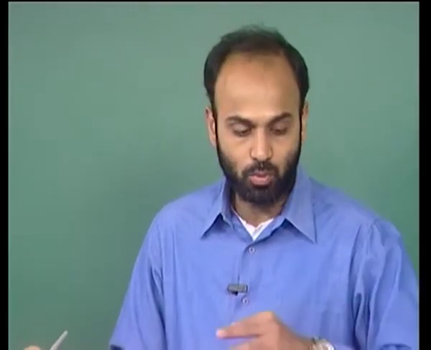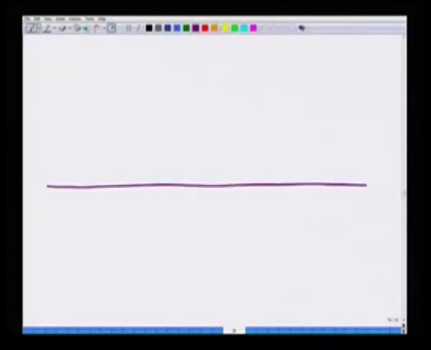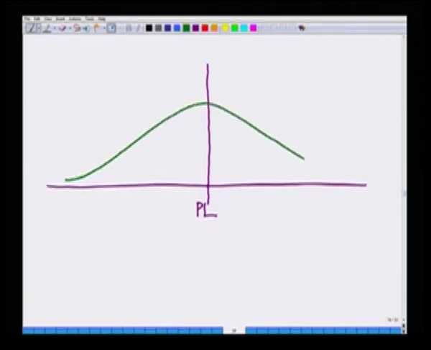What you are saying is as follows: if I look at my path loss, my median path loss or my mean path loss is something that looks like this, and then I have a random variation about this mean.